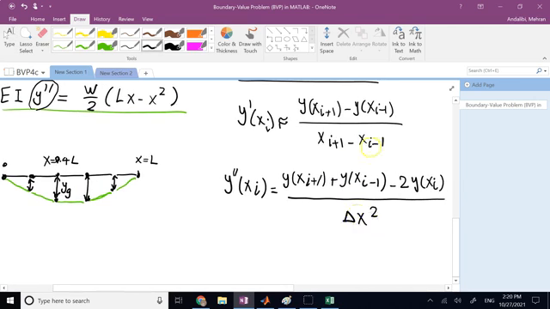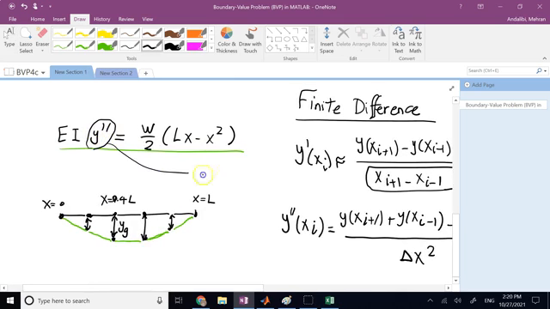So delta x, if I call this whole thing delta x and I assume it's constant. Right? So in this equation, I'm going to approximate my y double prime by that. So if this is yg1, this is yg2, and this guy is yg3, and maybe this one is yg4.